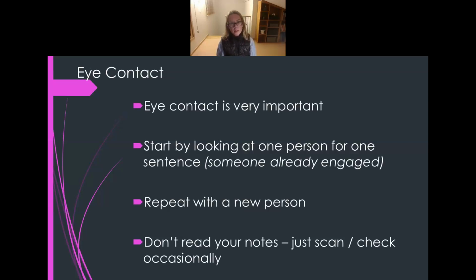Don't read your notes. I know that this is difficult, especially in a language you're not comfortable with. But just try to scan your notes. You don't need to memorize your presentation for my class, but reading notes is not good, right? You have to present.